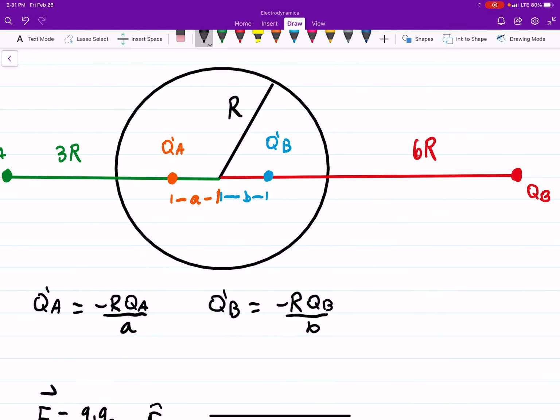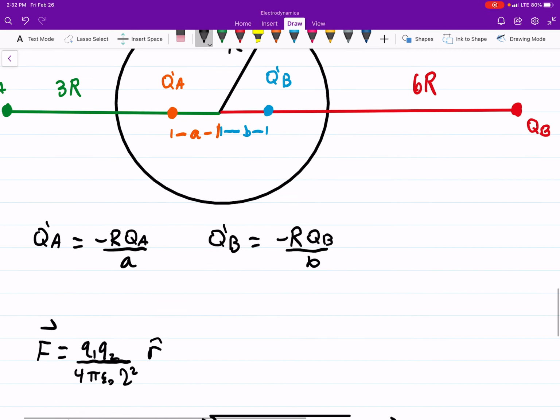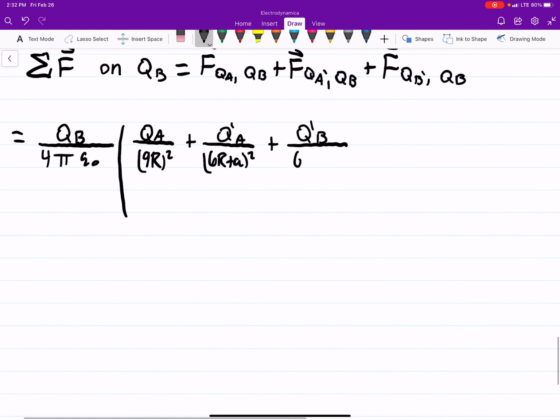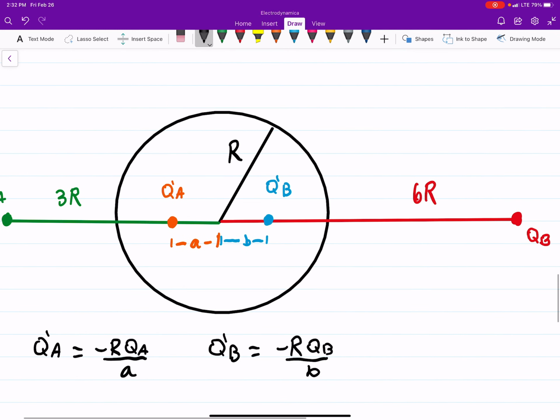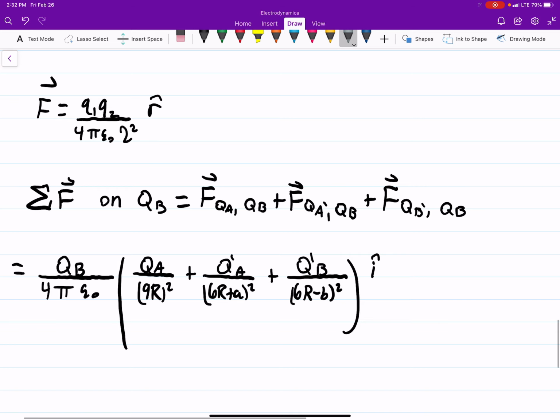So if we do 6R minus B, that'll give us the distance from our imaginary B charge to QB, right? So that's 6R minus B squared, and this will all be in the x-hat direction if we're letting our coordinate system be like y, x.